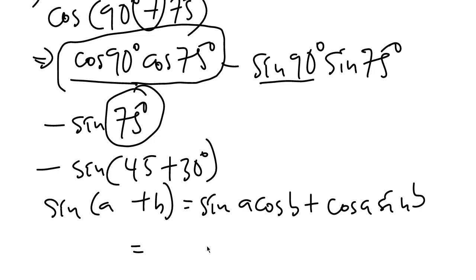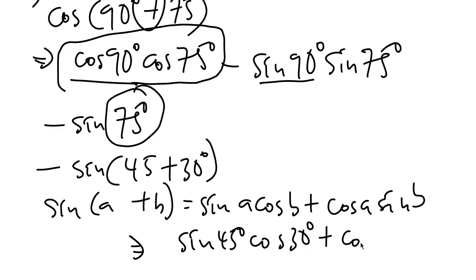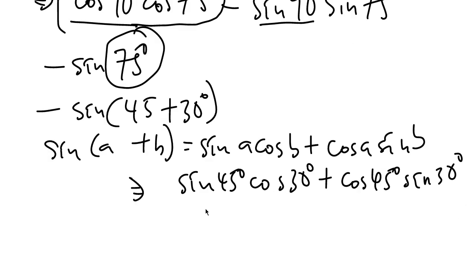What are we then going to have? Remember, there's a negative at the back, so let's keep the negative for later. That will be sine 45 cos 30 plus cos 45 sine 30, right? And sine 45 is what?